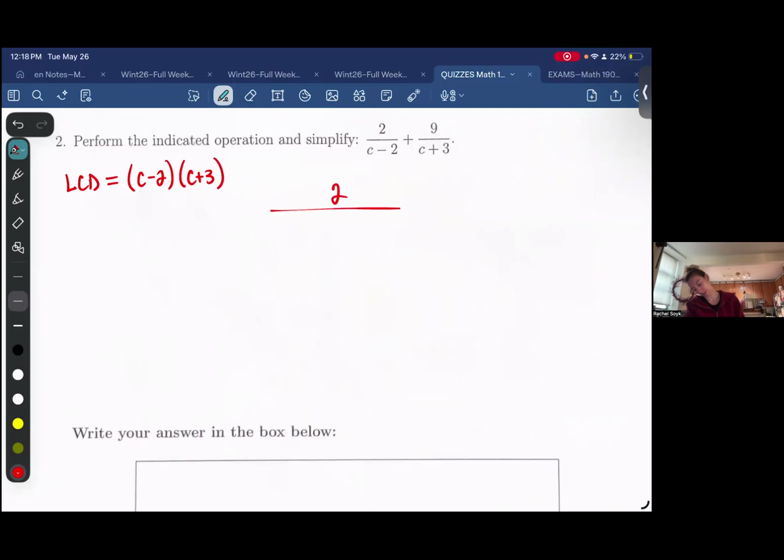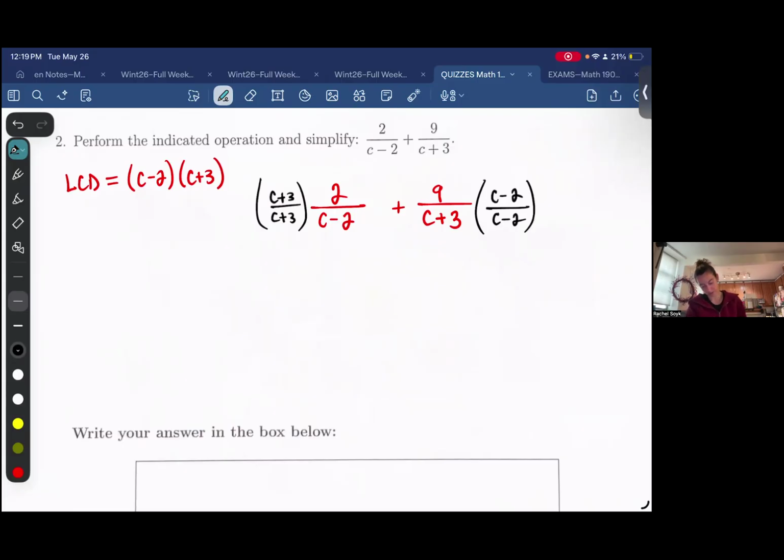I'm going to rewrite this expression. And I'm going to multiply that first fraction by c plus 3 over c plus 3, and the second fraction by c minus 2 over c minus 2. That way the denominator is now common.